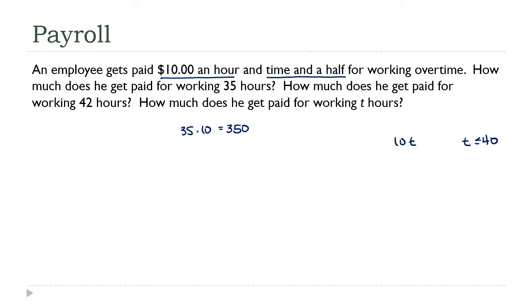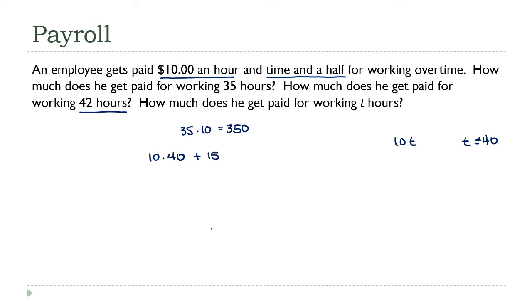Okay, what do we do when he makes more than 40? For example, what if he worked 42 hours? Okay, well, the way this works is he gets paid the base $10 an hour for the first 40 hours, plus what's time and a half on $10? That's an extra $5 an hour, so that'll be 15.